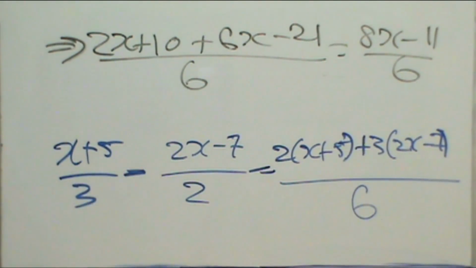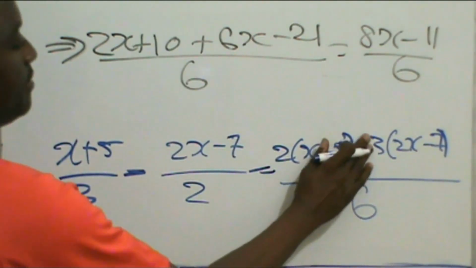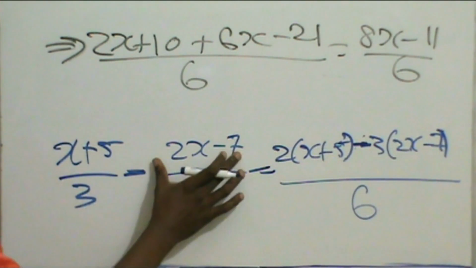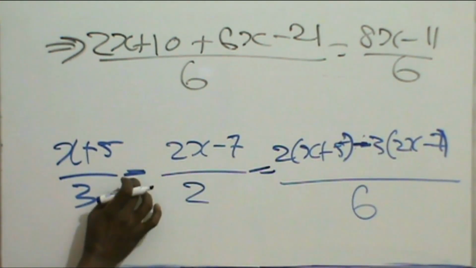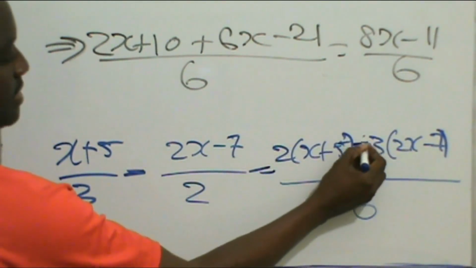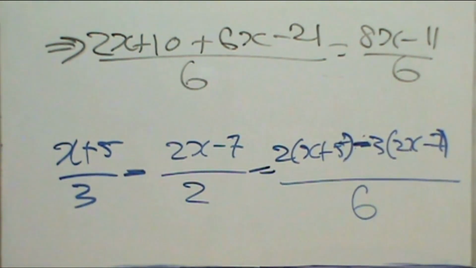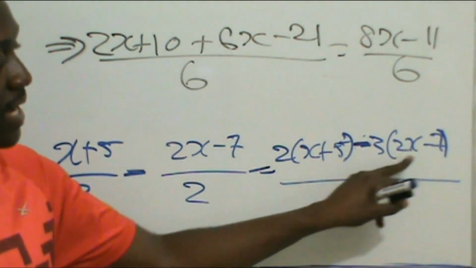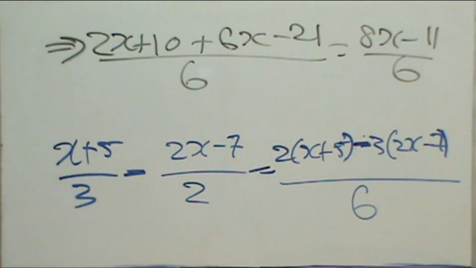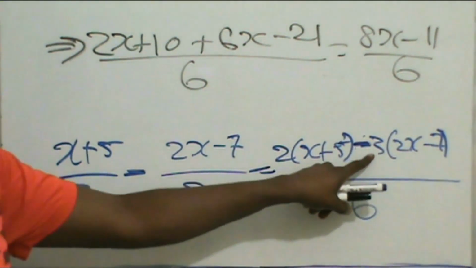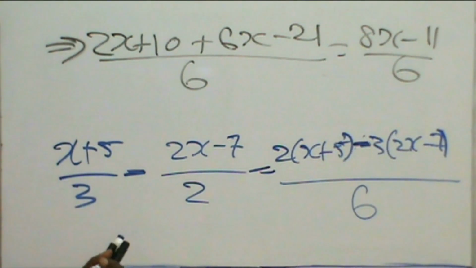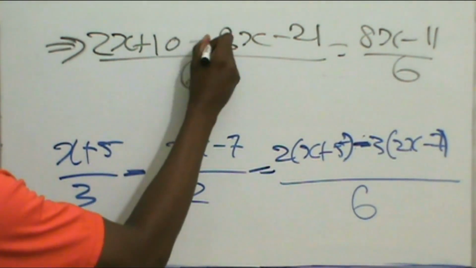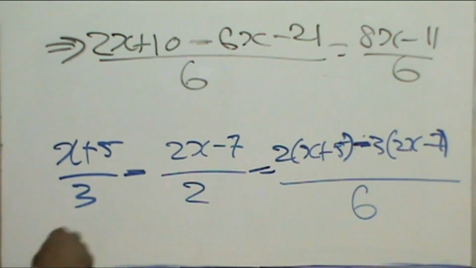So basically what you do in this case, you leave the minus sign here. Right? So it will be minus 3 into 2x minus 7. So this minus sign is the same as this minus sign here. Right? And of course, with the minus sign here, everything inside here will change. So this will be minus 3 by 2x, which will give you on top here, not plus, but minus 6x.